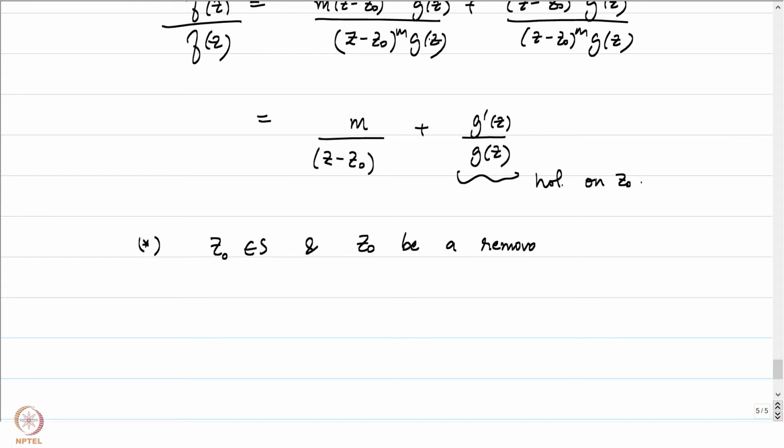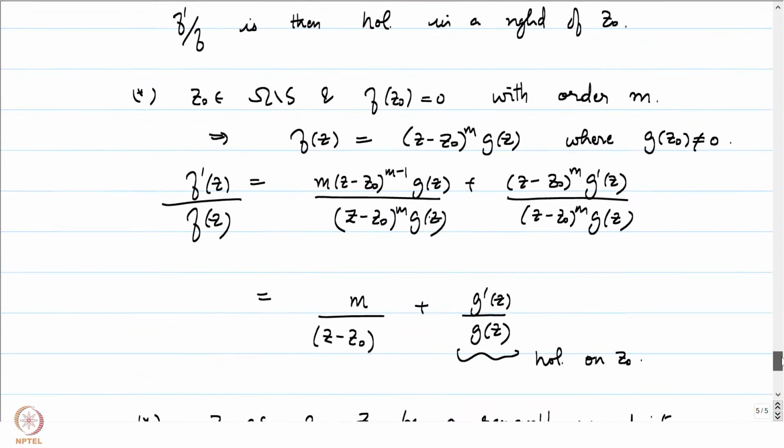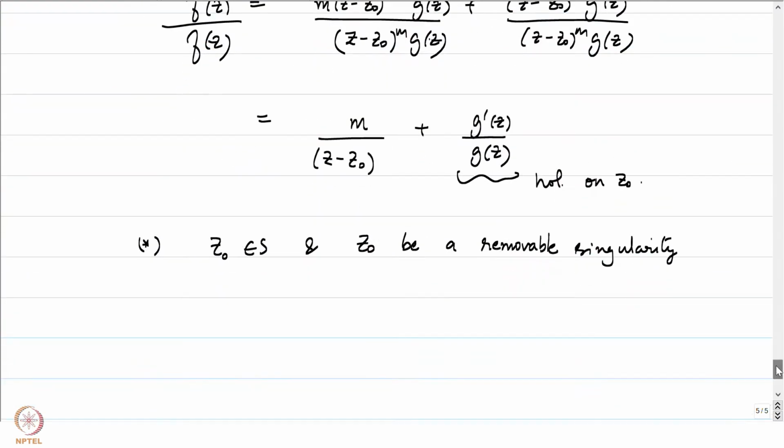Removable singularity is a singularity which can be removed, and after it is removed we get a function which is holomorphic across z0. And because of that, its behavior at the removable singularities is exactly the way it behaves at points where it is holomorphic. Then f prime by f behaves as above.